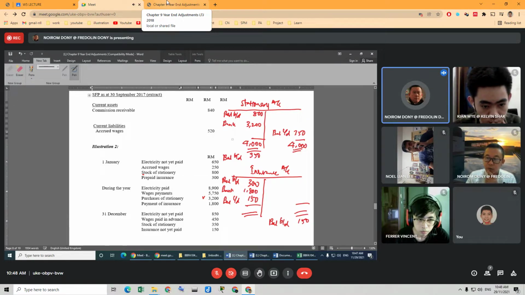In order to make the total credit 4,000, you have a balancing figure, 4,000 minus 350, so 3,650. This is the amount of stationery that is being closed off and put into SPL at the last day of the year.